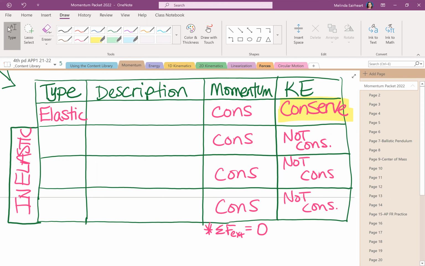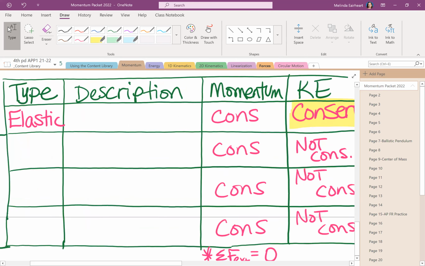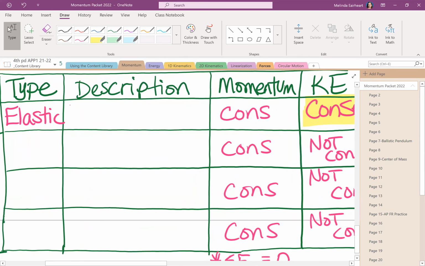So a couple of things, kind of going to use bullets here. For elastic collisions, there is a bounce off. So a ball bounces on a floor. Is it elastic? Well, let's go to the next criteria. Are there any energy losses?